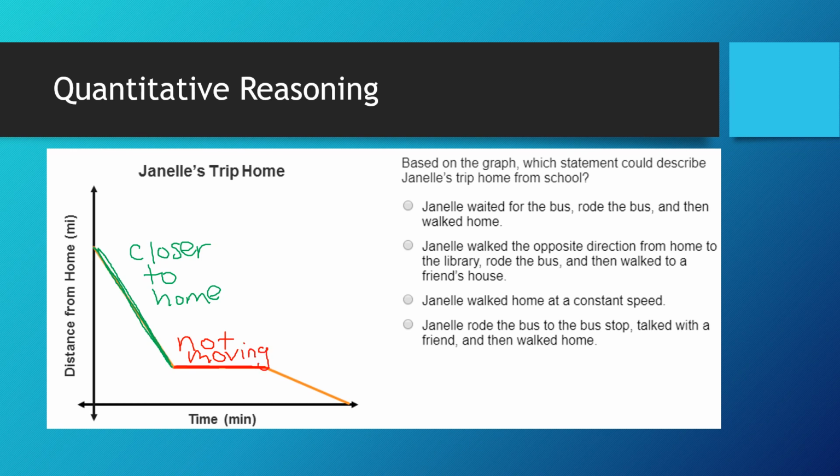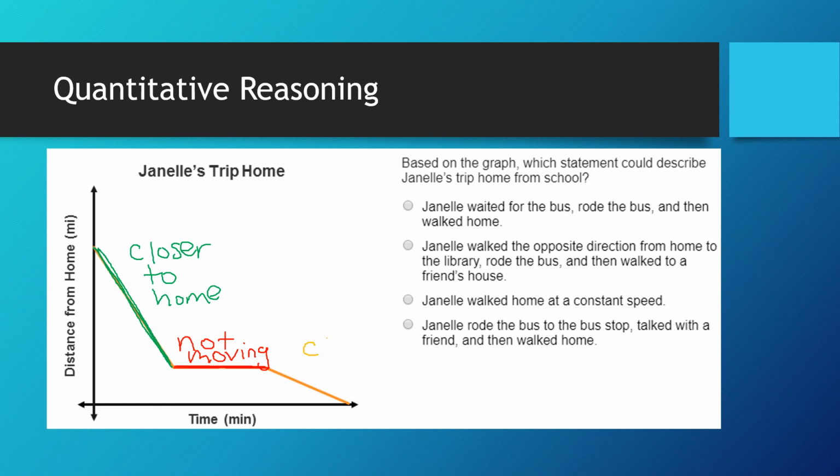And then the third piece, we'll just keep that orange. Her distance from home is decreasing again, but I notice that that line is not as steep. So she's still getting closer to home, but she's moving a little bit slower than that green piece. The green piece goes down a lot faster than this orange piece does.